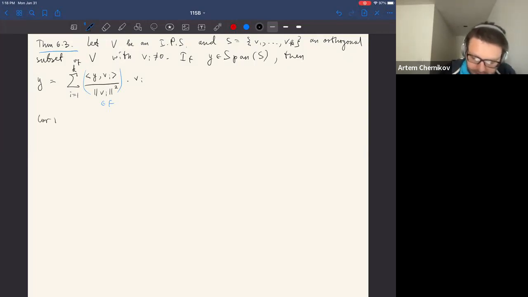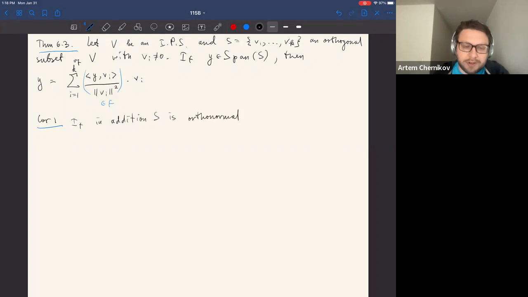Okay, so this theorem has a couple of corollaries. The first one: if in addition the set S is in fact orthonormal, so now we assume in addition that all vectors in it are unit vectors, and y is in the span of S, then the formula becomes simpler, right?